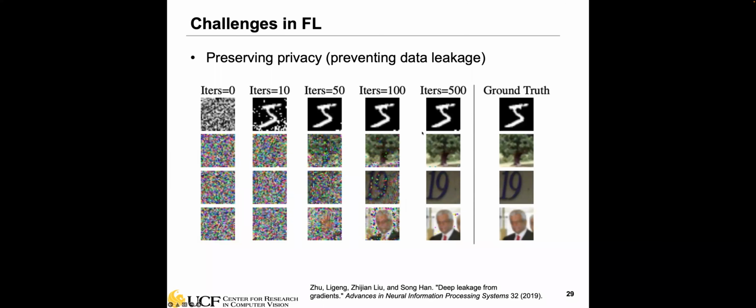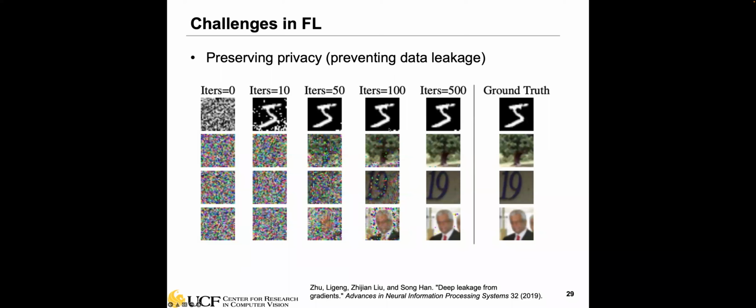You can see the reconstruction result from different iterations. On the right side, these are the ground truths, the actual data from the client side. And these are the reconstructed images using their algorithm, based on gradient matching.